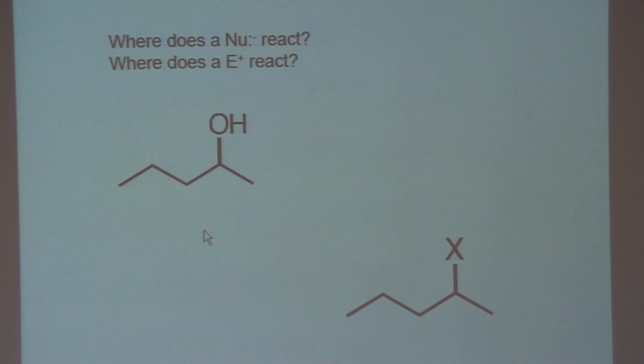Are there any other places where an electrophile can react with either the alcohol or the alkyl halide? The alpha carbon's reacting with the nucleophile. Yeah, those react with a nucleophile. We're looking at where an electrophile reacts. Is there anywhere else?